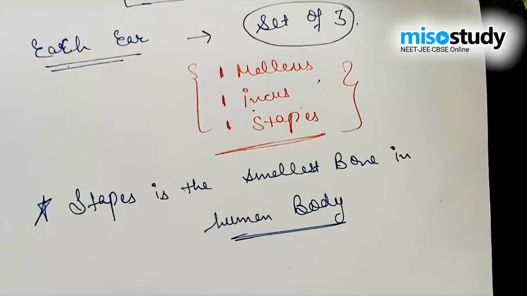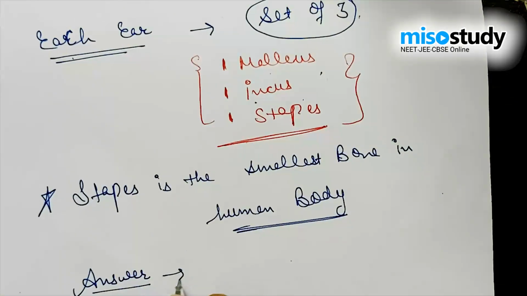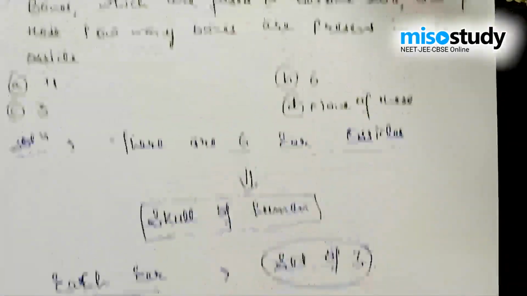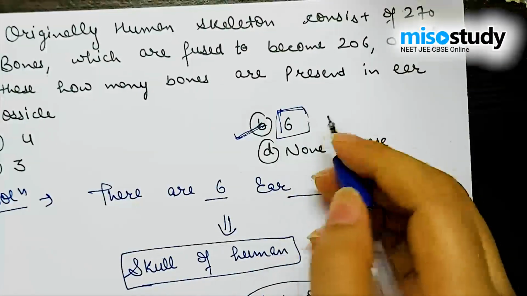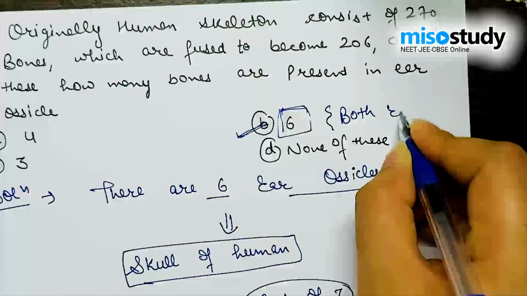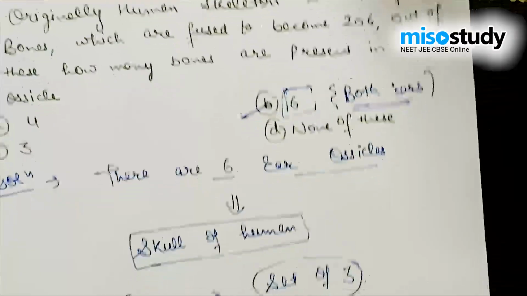So according to the given discussion, we conclude that the right answer for the question is option B. Let's mark the right one in the mentioned options, that is 6. 6 is the number of ear ossicles for both ears. In a single ear there is a set of 3.